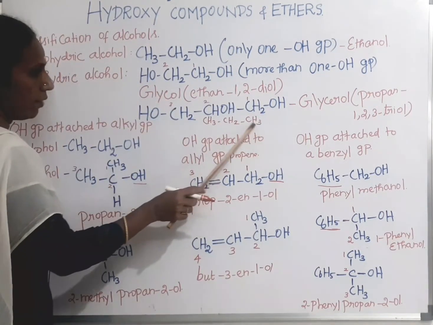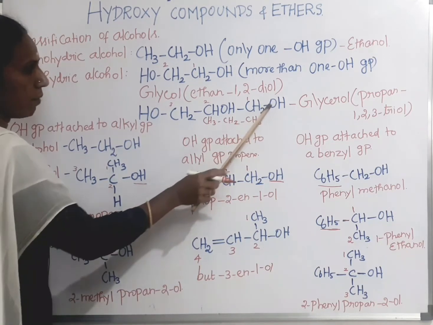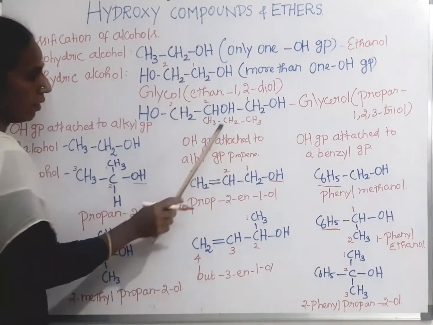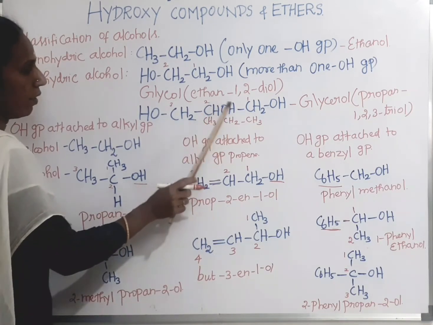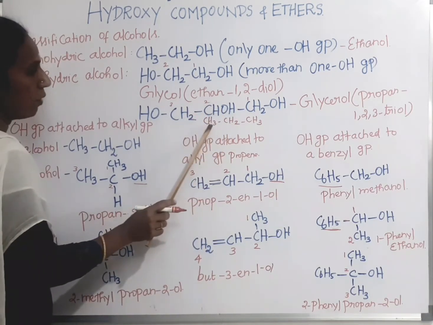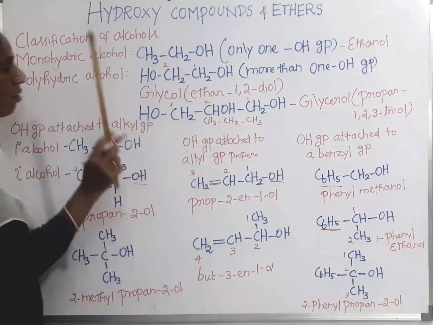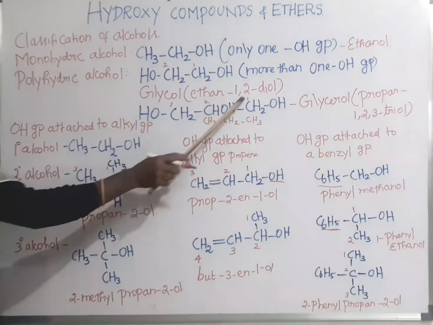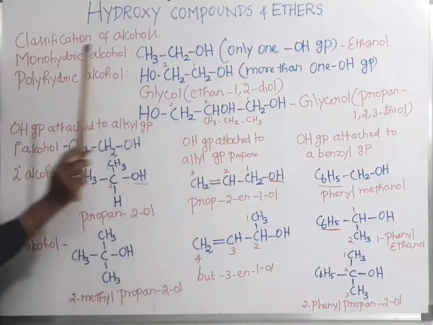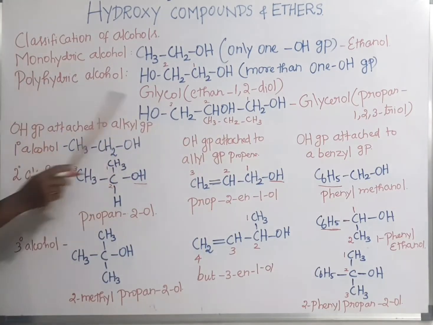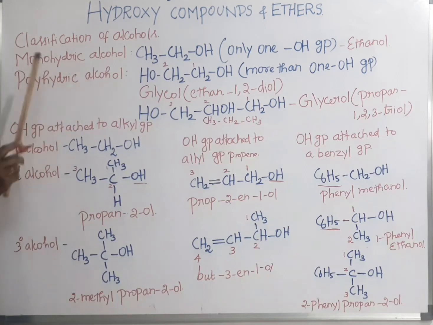Here one hydrogen in the methyl group is replaced by one hydroxy group, one hydrogen in the methylene group is replaced by one hydroxy group, and here also one hydrogen is replaced by one hydroxy group. So 1,2,3-triol, this is glycerol. These are the two examples for polyhydric alcohol. So these are the two classifications: monohydric alcohol and polyhydric alcohol.